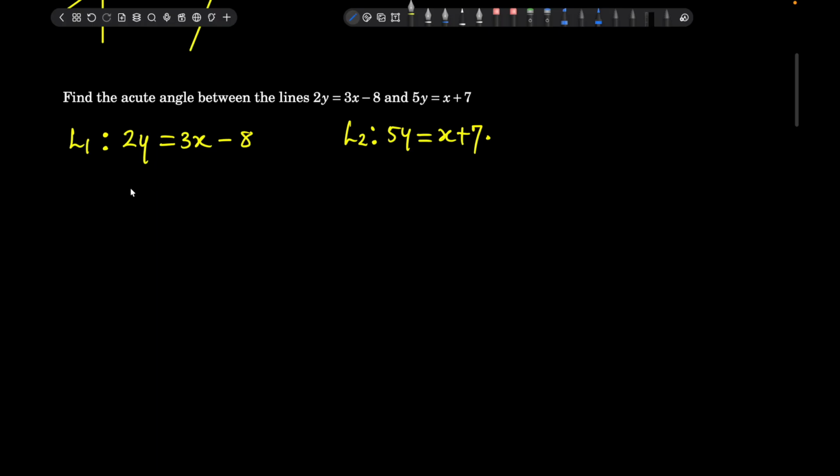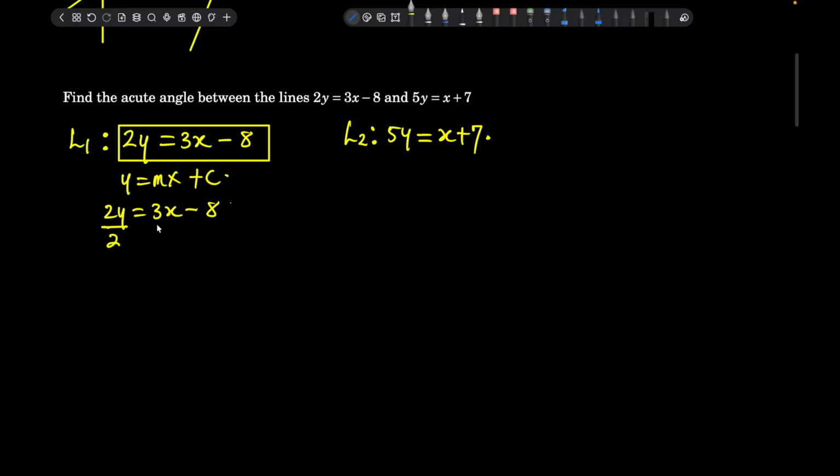Don't forget that to extract the slope of your line, your equation must be written in the form y equals mx plus c. But if you look at the first equation, the coefficient of y is not 1, so there has to be some modification. Now 2y equals 3x minus 8. To make the coefficient of y to be 1, we have to divide through by 2.